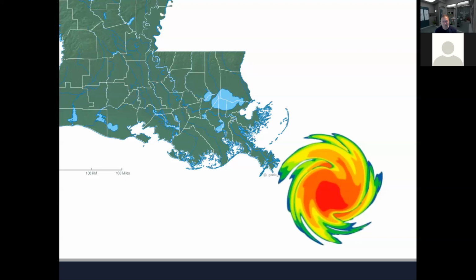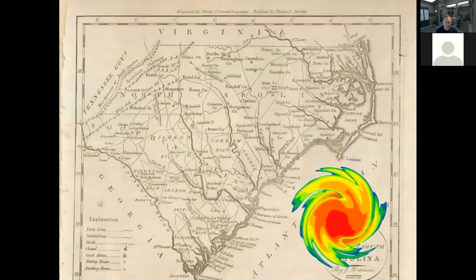So let me give you an experience from the Carolinas, and then bring that back to Louisiana. If you've ever been around North Carolina, there's a particular area that a lot of people like to vacation and travel to. It's called the Outer Banks of North Carolina.